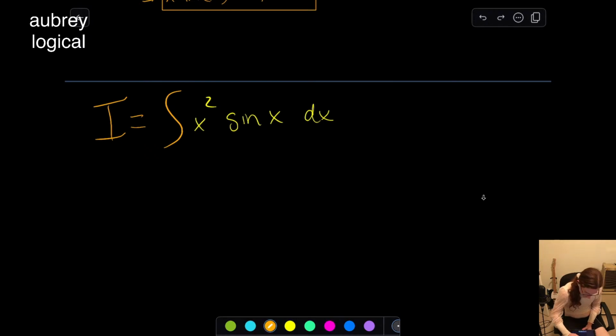So our u is going to be x squared and our du is going to be 2x. However, it's not easier still.